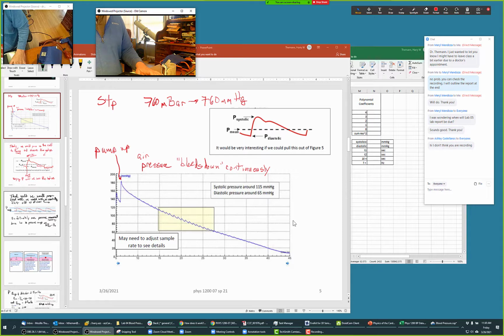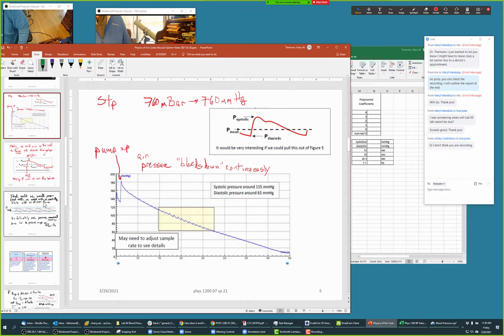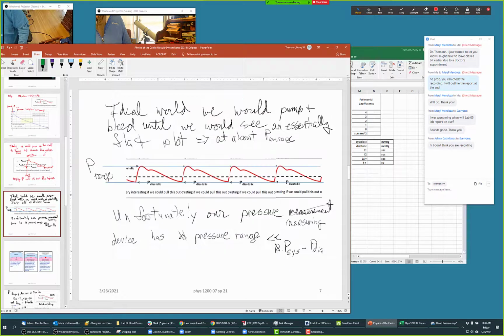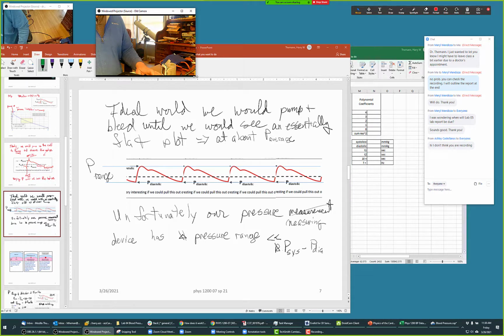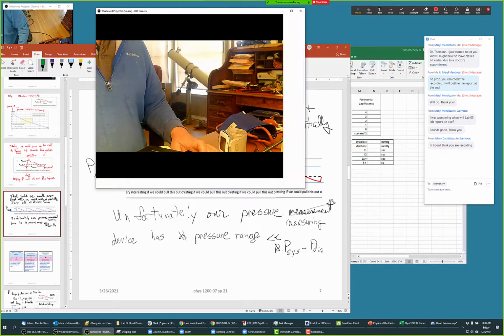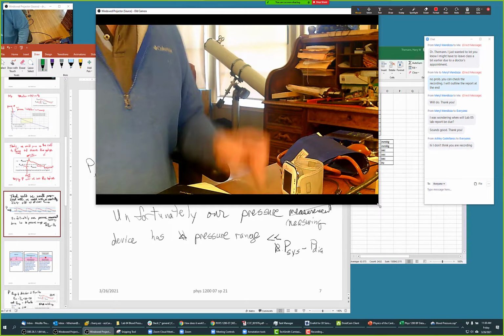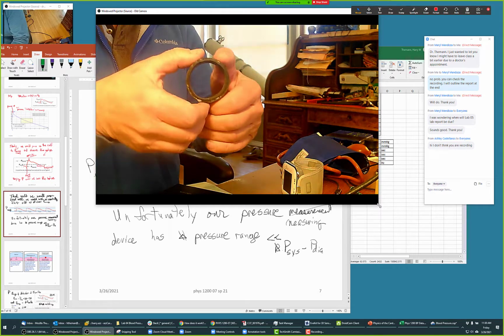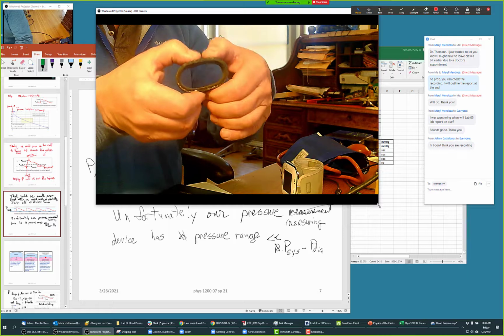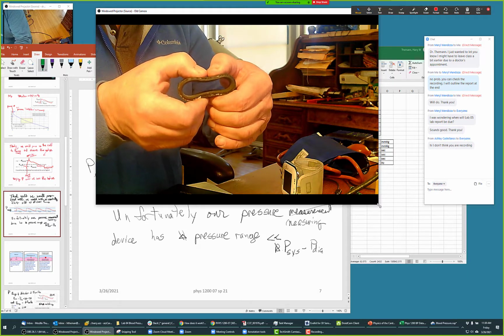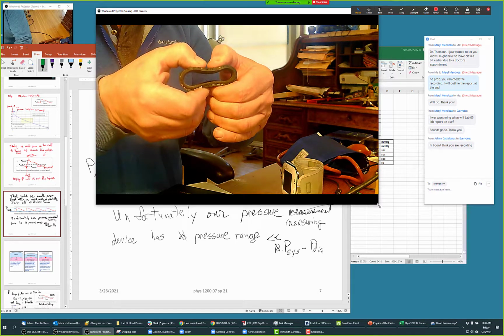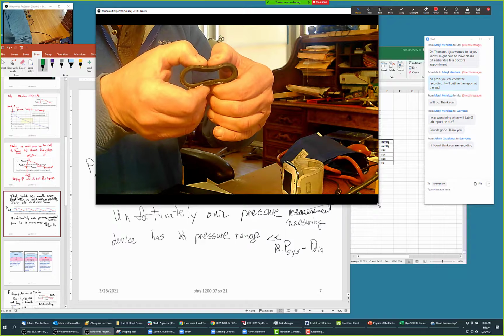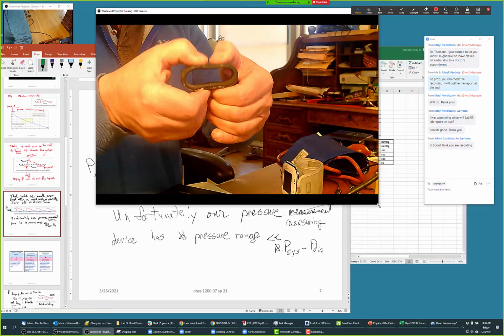Two things are going on here. First of all, the ideal situation would be if we could set the cuff at the average pressure, but it would still have the ability to keep squeezing.